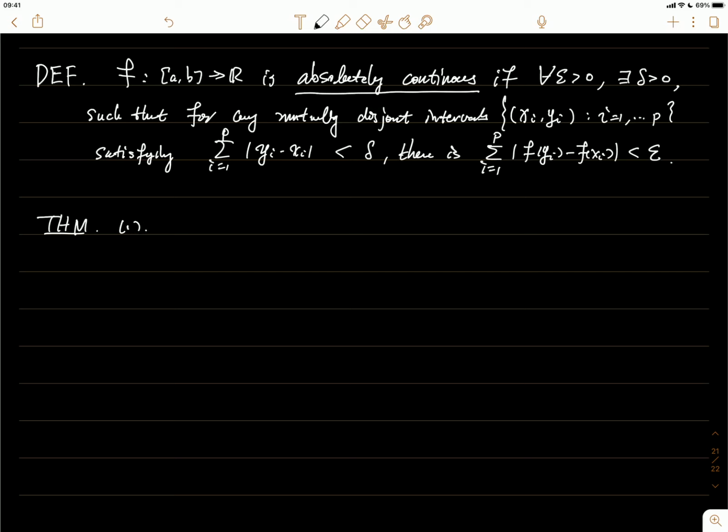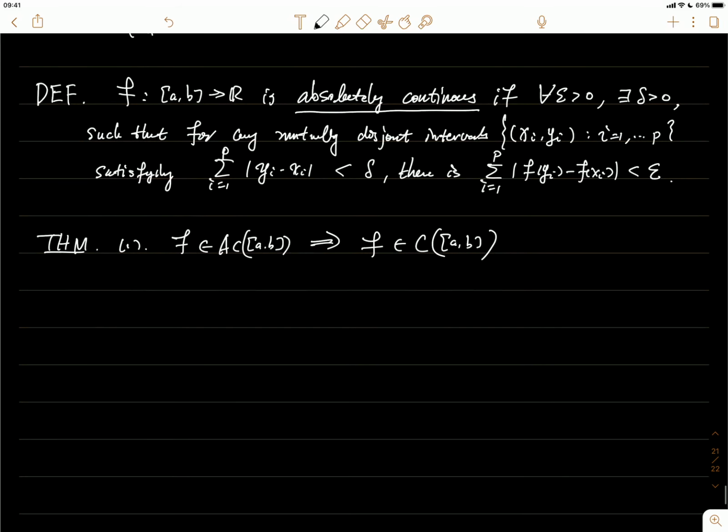So first one is that a function being absolutely continuous means that it's continuous. And that's apparently true because for any epsilon there exists delta, then we can just choose the interval to be x to x plus delta, for example, and then we can show that the difference is less than epsilon.